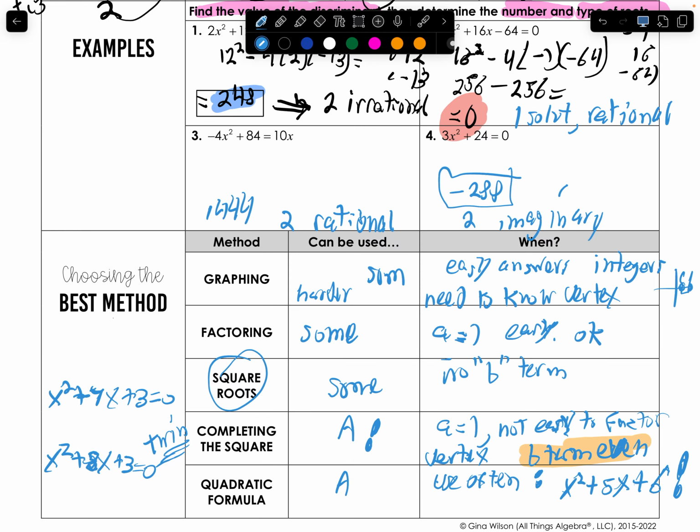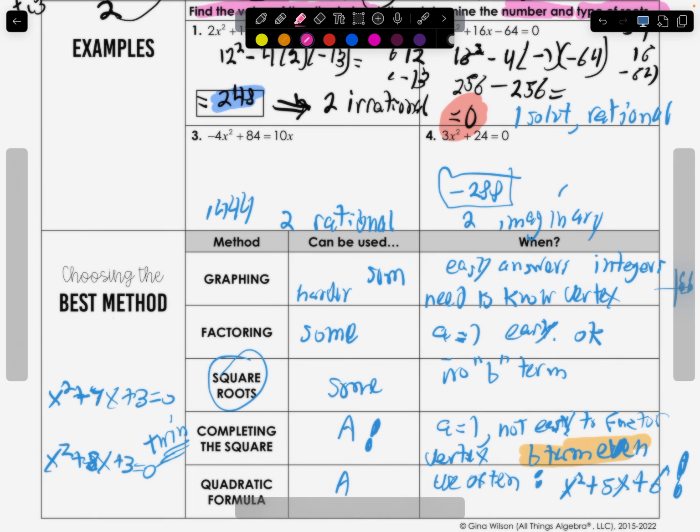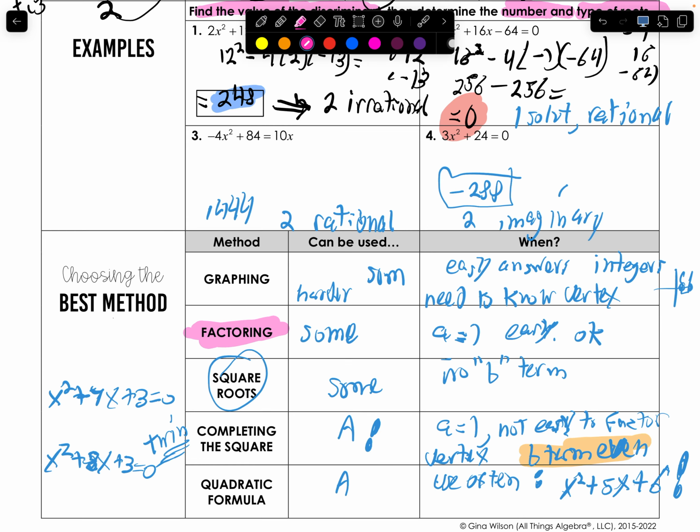I can actually do that much easier, much quicker, and with less mistakes with factoring. And some of you aren't very good at this, so you really want to practice it.